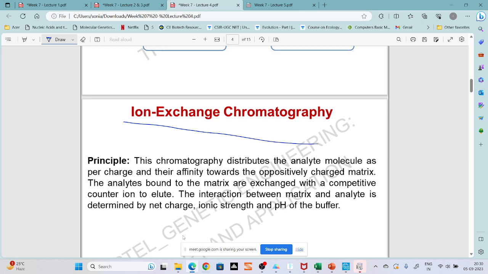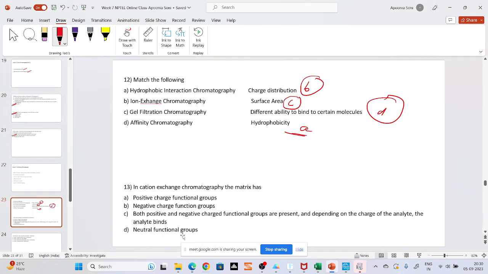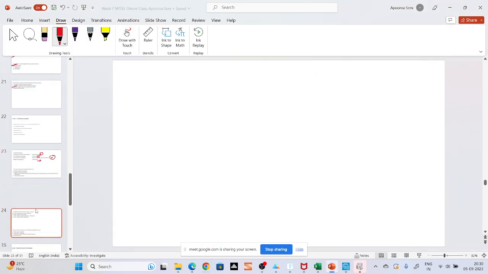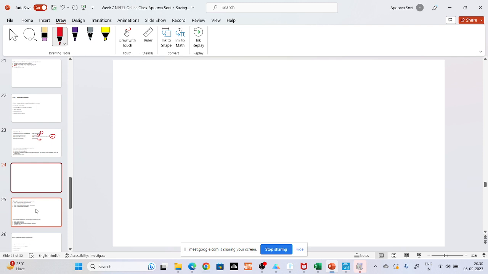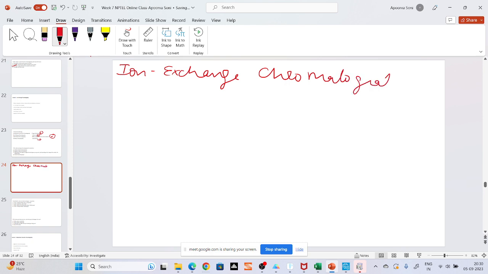So ion exchange chromatography means that if a protein molecule has a certain charge on it, suppose a protein molecule is positively charged or negatively charged, then what we can do is, suppose we are here learning about ion exchange chromatography. Fine.